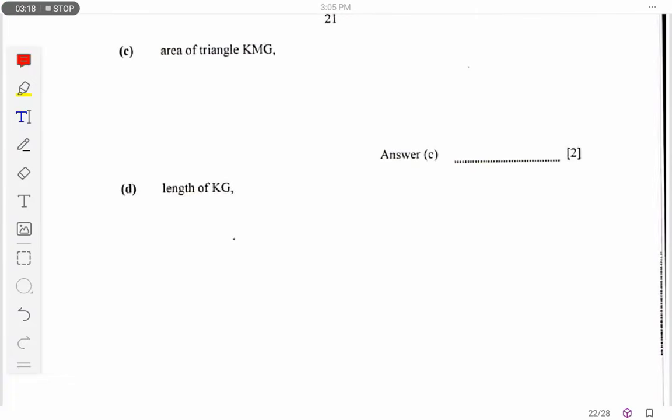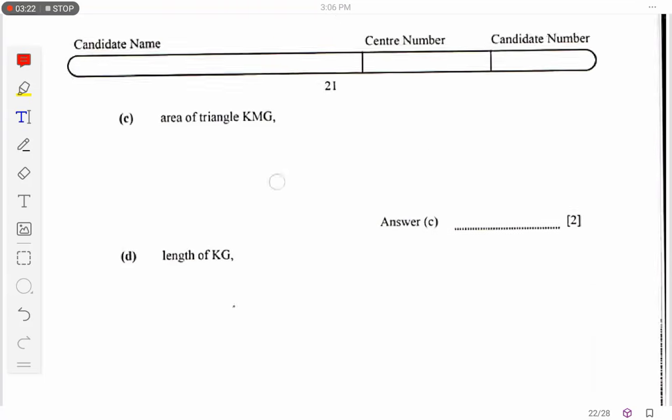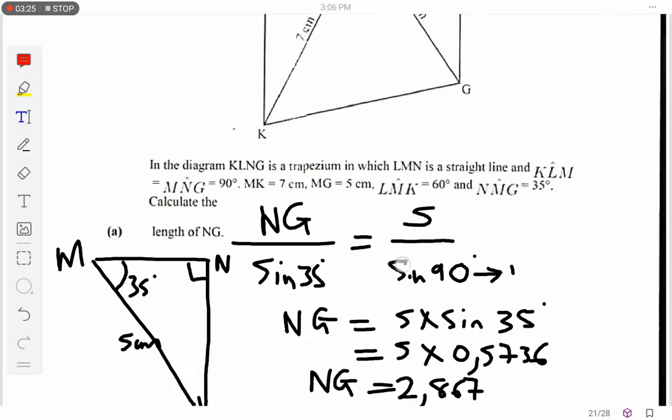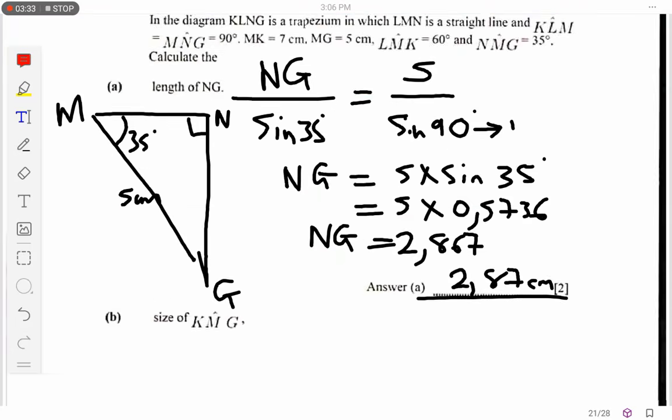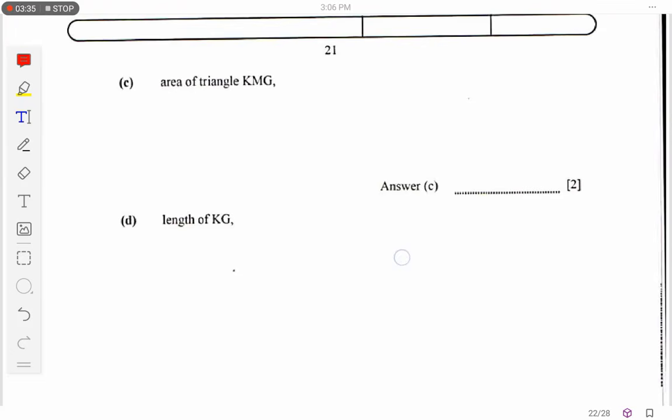The next question is saying calculate the area of KMG. So we are basically using that triangle there. We are using this triangle KMG, this one. And it has got sides 7 and 5. So let me just redraw it there. I have this 7 centimeters here.